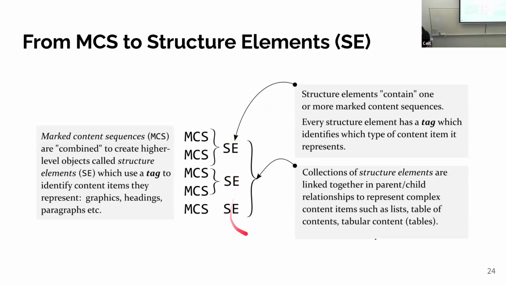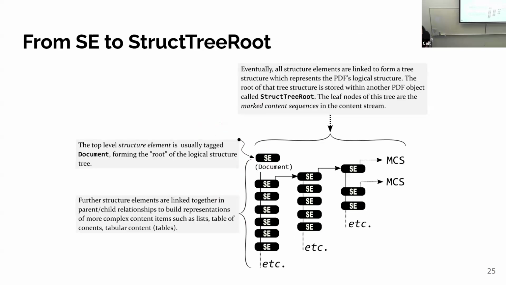Now, these collections of structure elements are linked together in the parent-child relationship to represent complex content items like the things that we actually see: the lists, table of contents, tabular contents, etc. And then finally, all these structure elements are linked to form the tree structure that represents the PDF's logical structure.